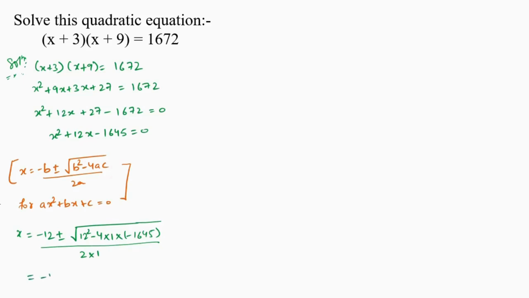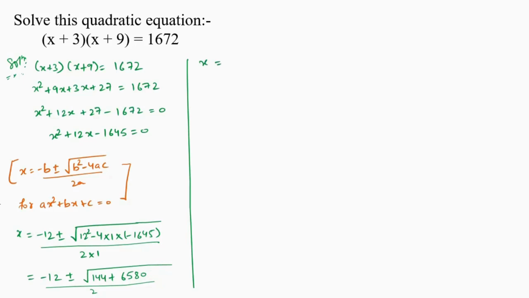On solving this we get minus 12 plus minus under root 12 squared is 144 plus 4 times 1 times 1645 is equal to 6580, divided by 2.